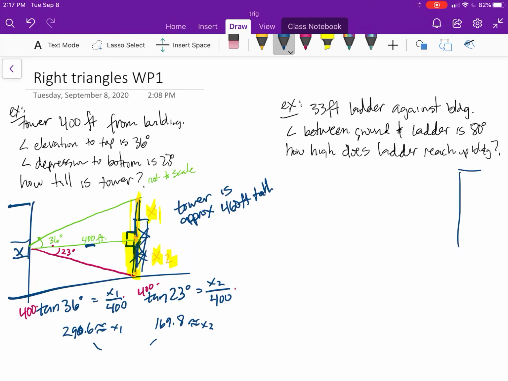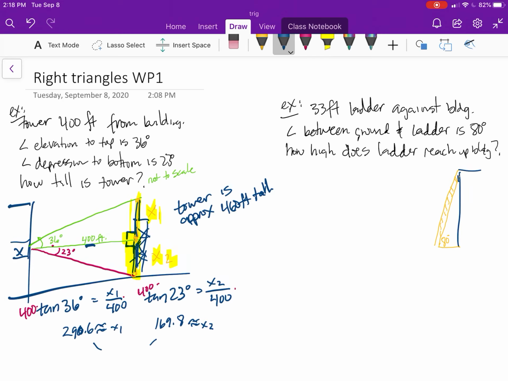Okay, so we have some building here, and this ladder, 33 foot, 80 degrees is a steep angle, so I'll draw approximate. Here's my ladder, pretty steep, 80 degree angle here. It doesn't necessarily say it reaches to the top, right? Reach up the side of the building.